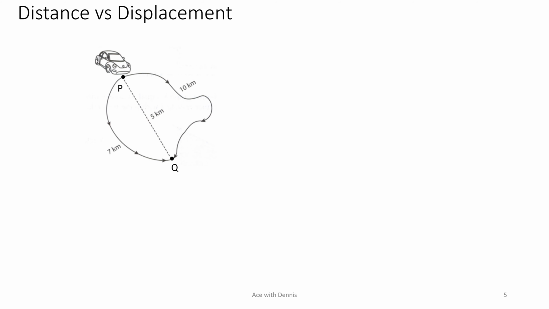Let's look at this example. This car wants to travel from point P to point Q. If it takes path A, it will need to travel 7 kilometers. If it takes path B, it will travel 10 kilometers. The direct distance from point P to point Q is 5 kilometers.